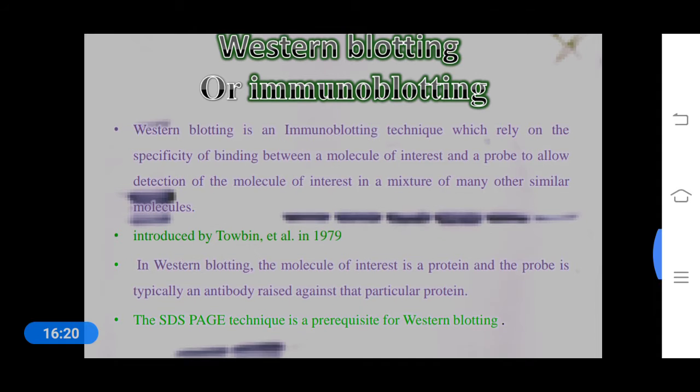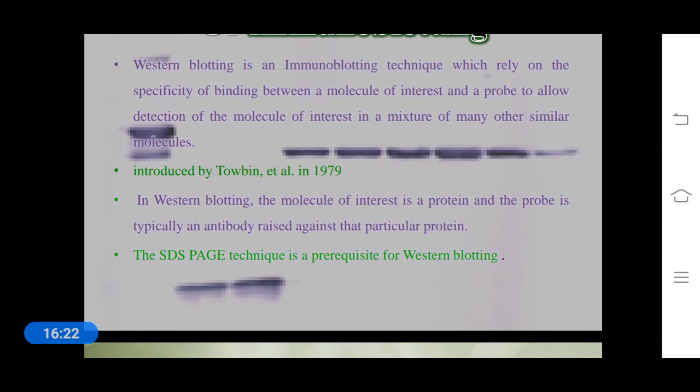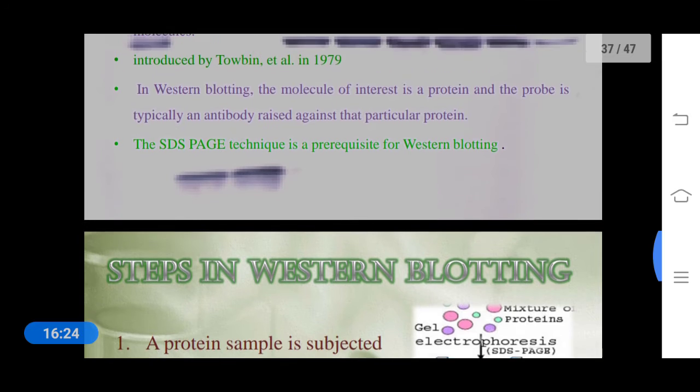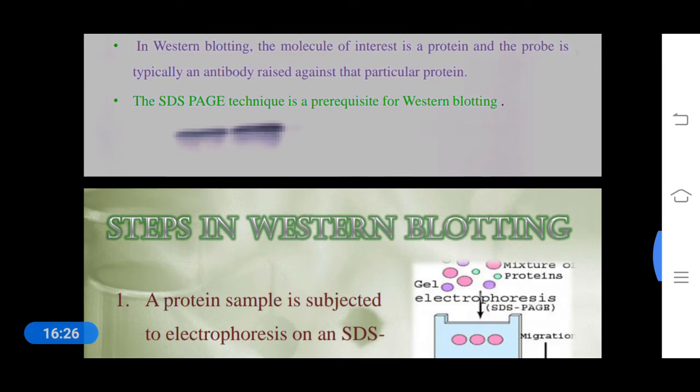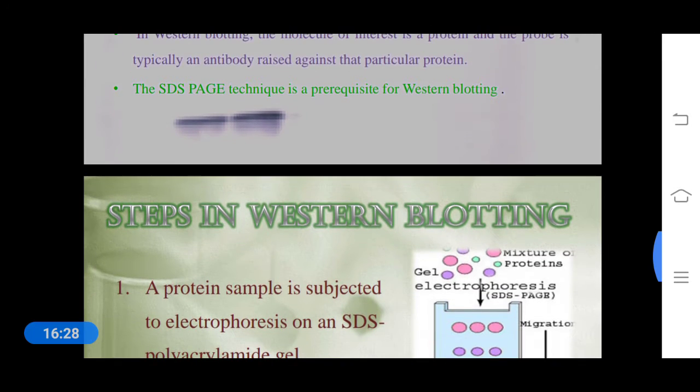So here the SDS-PAGE technique is a prerequisite for Western blotting. If you see SDS-PAGE, it is an electrophoretic technique in which we use sodium dodecyl sulfate as the base. Okay, so a sodium dodecyl sulfate gel is used here.